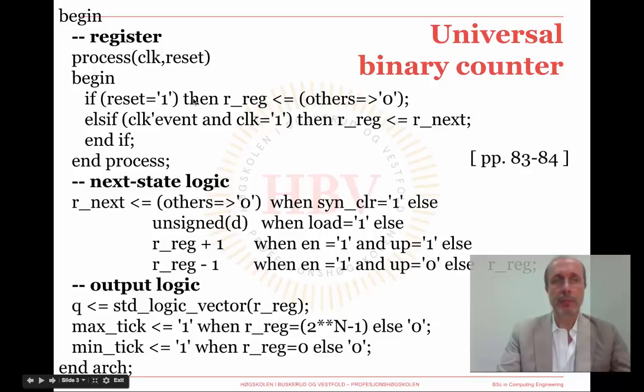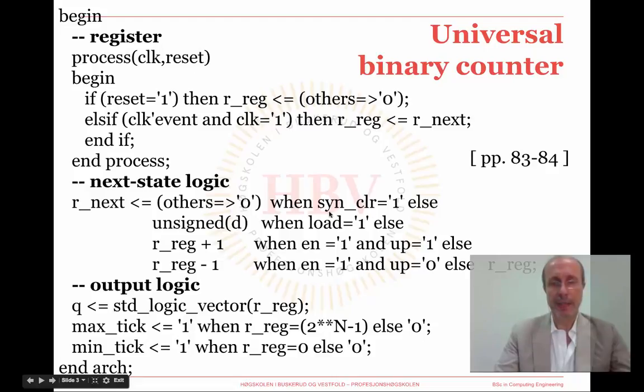Now, if you look at the process description, you will see that it can be activated by either the clock or reset inputs. So if reset goes high, then the process will be activated and the counter outputs will be set to 0 immediately. And this will happen even if there was no rising edge transition on the system clock. And that is why the reset input is asynchronous.